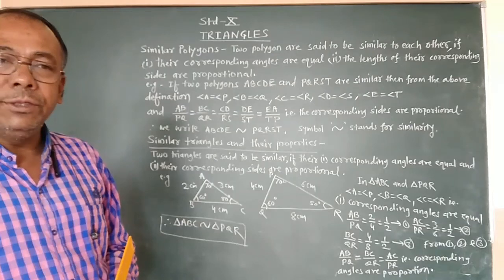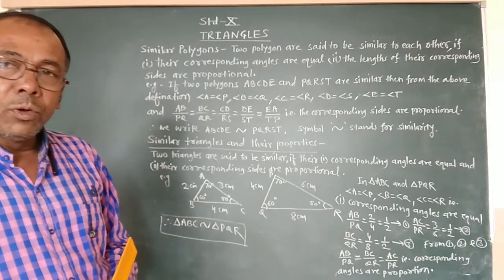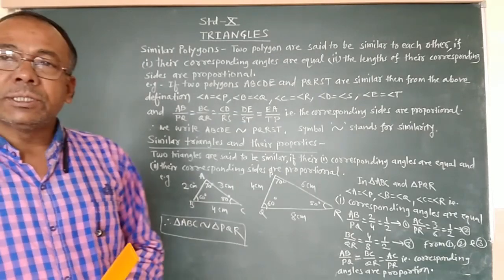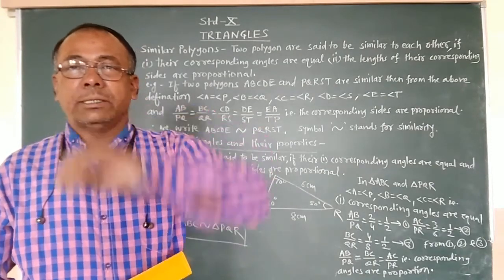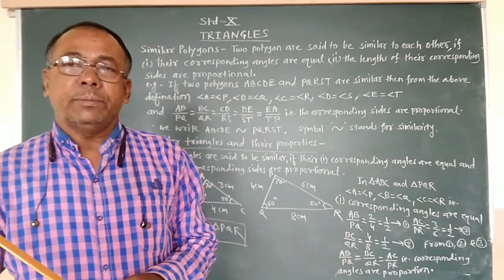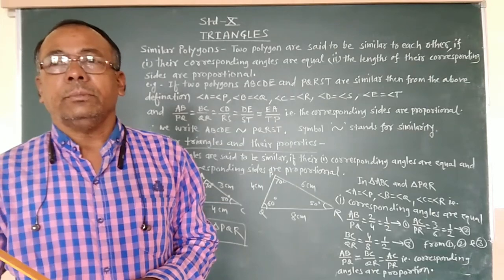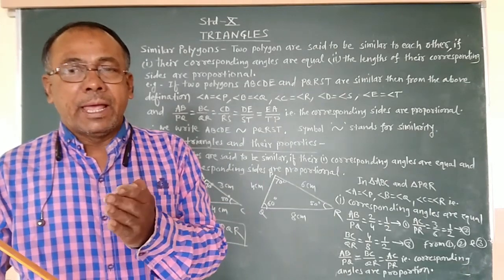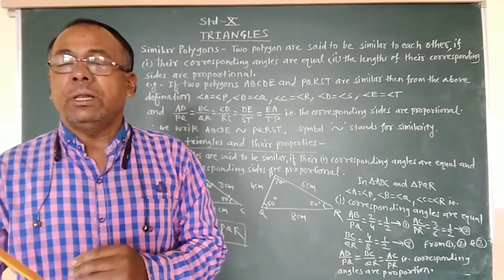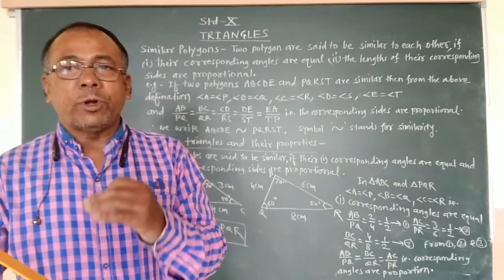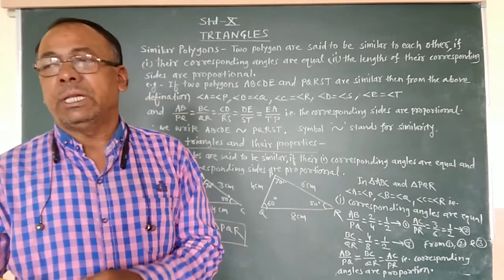Last year we have seen the concept of congruency. Two triangles are congruent if their corresponding angles are equal as well as corresponding sides are also equal.